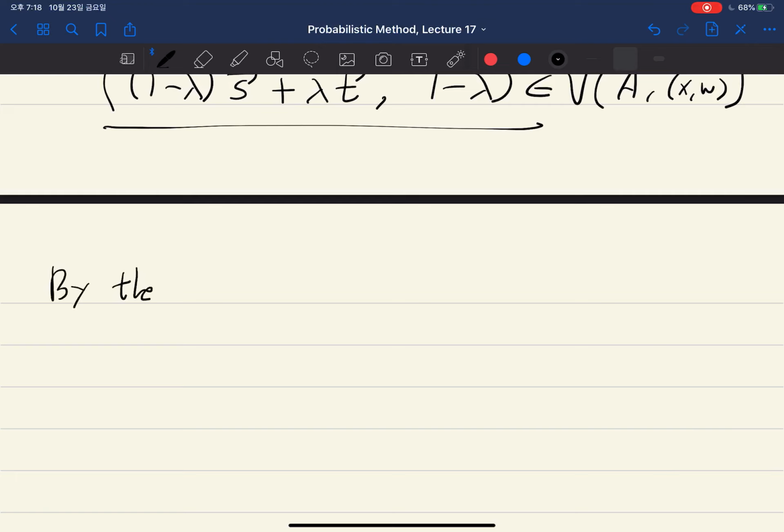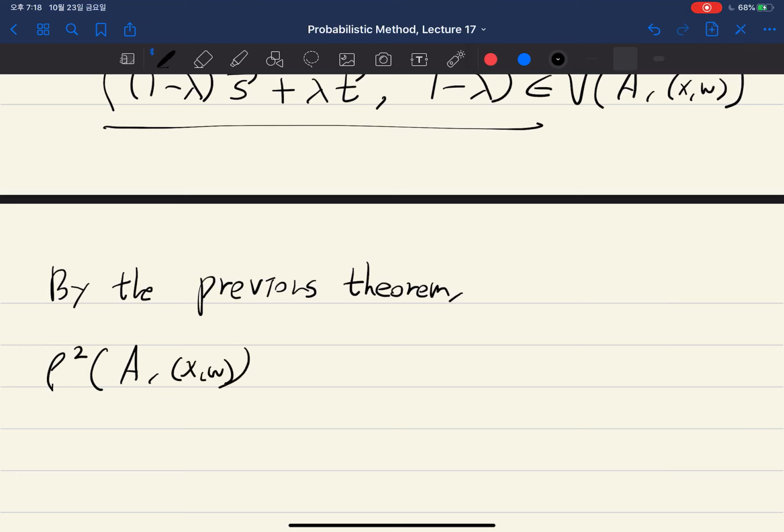So by the previous theorem, what we have is the rho squared of A, XW, when XW is arbitrary.